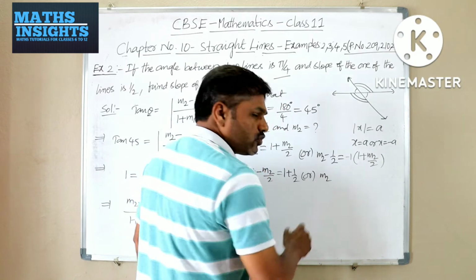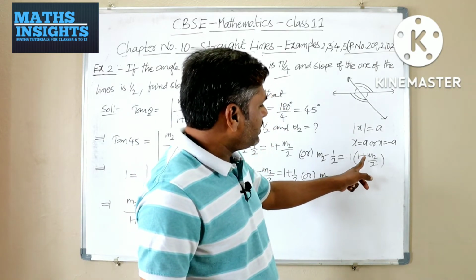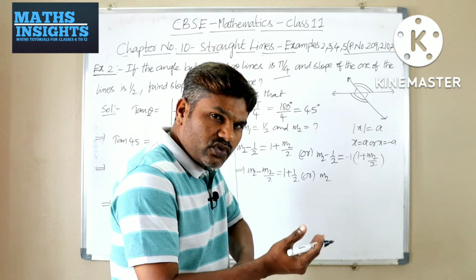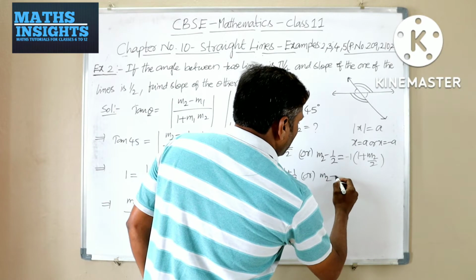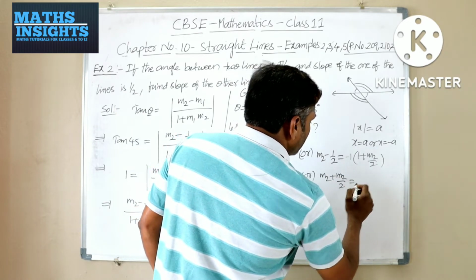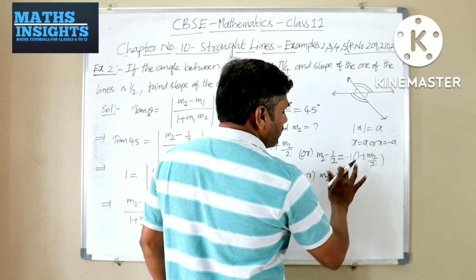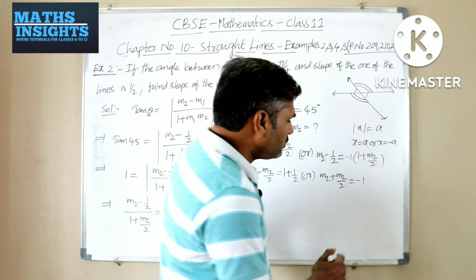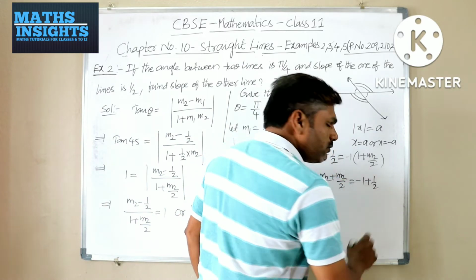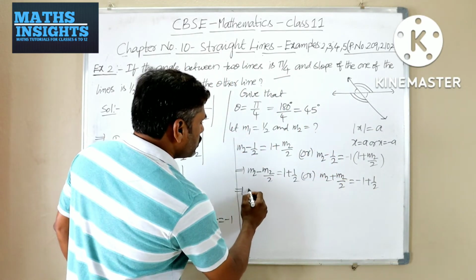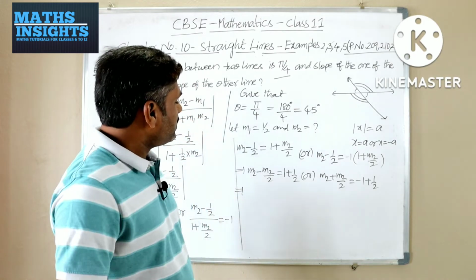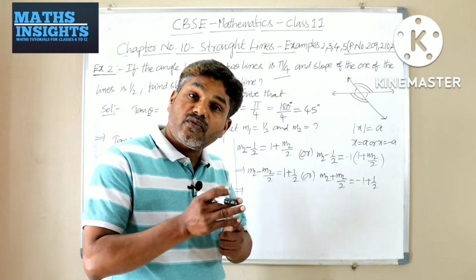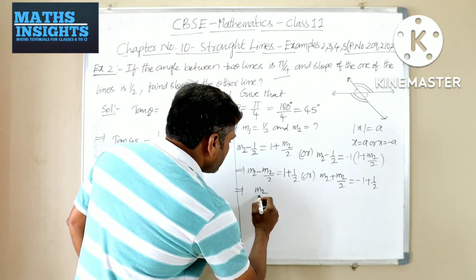M2 minus m2 by 2: 1 m2 minus half m2 will give you half m2, which is nothing but m2 by 2.